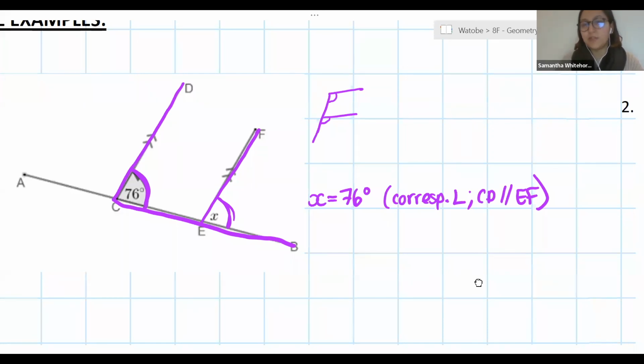So like what I've written over here. Yes, we do need to always write that. We always need to say which parallel lines we're working with, especially when we have more complicated diagrams. There might be lots of different parallel line pairs. So I always need to say which ones I'm working with so that whoever's marking can make sure that you're working with the correct ones. Okay, I understand now. Thank you, ma'am.